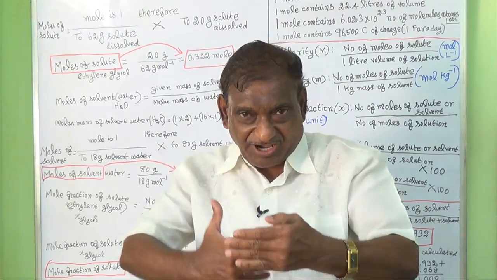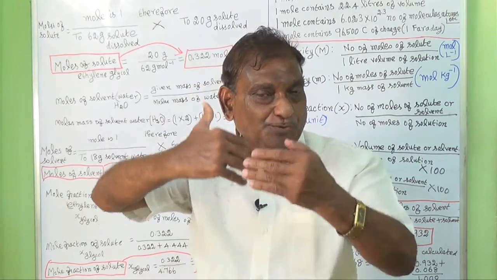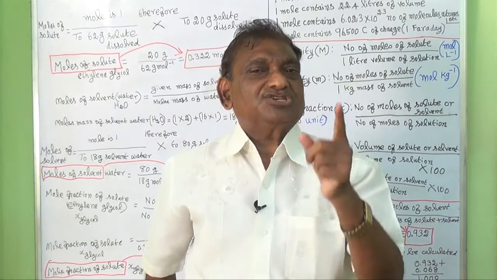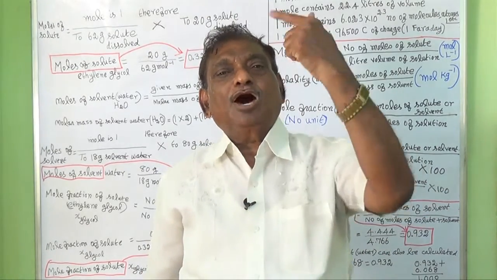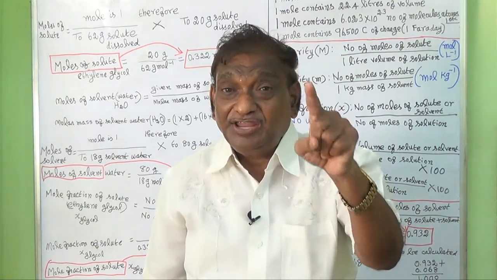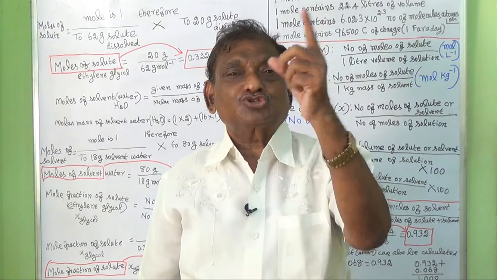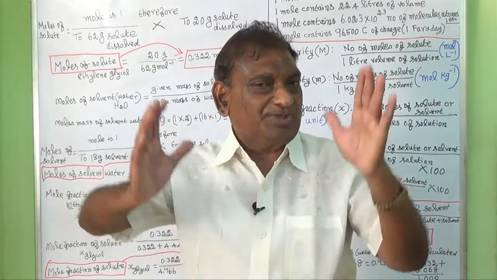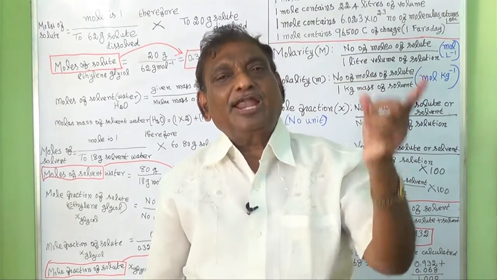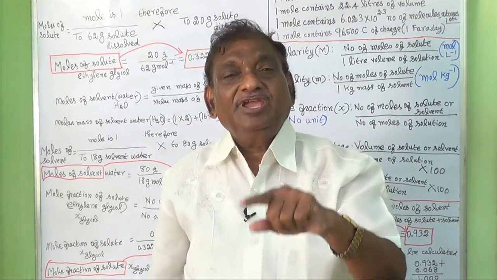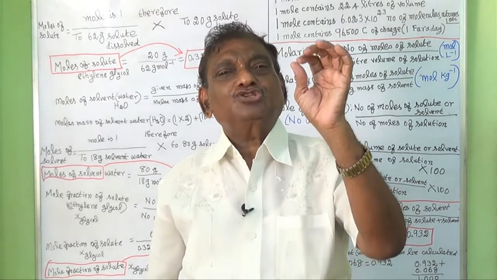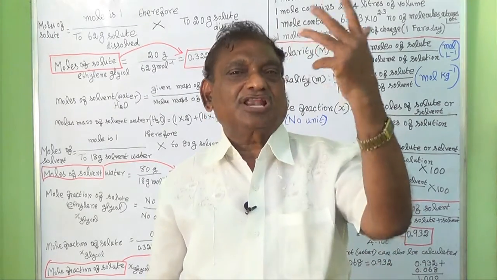So if we say it reversely, first of all we have to find the molar mass of the solute and the molar mass of the solvent. After that, we should find the number of moles of the solute and of the solvent. Then we can calculate the mole fraction of the solute or the mole fraction of the solvent.